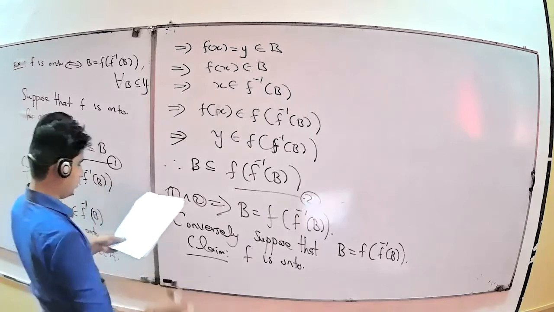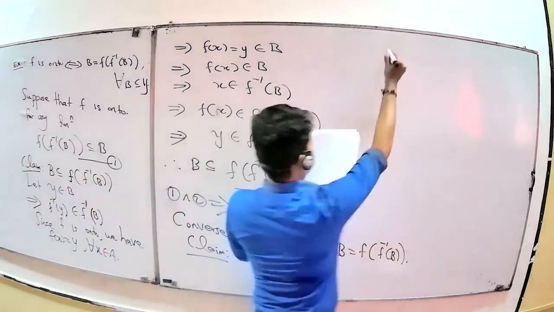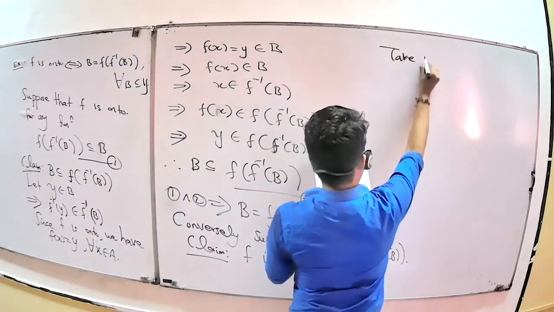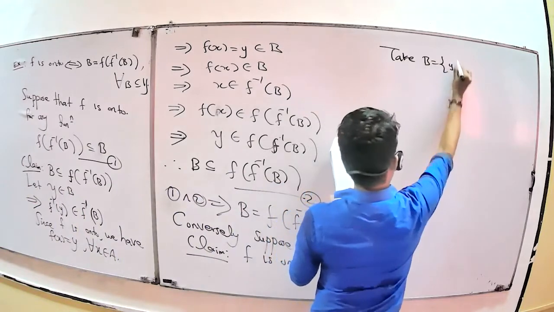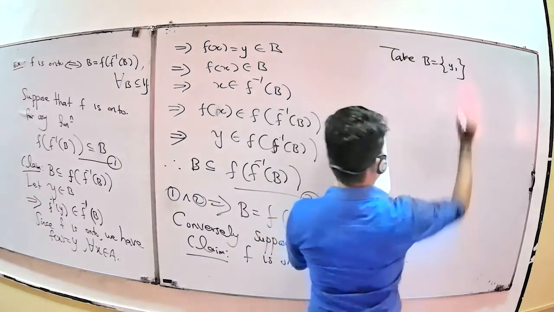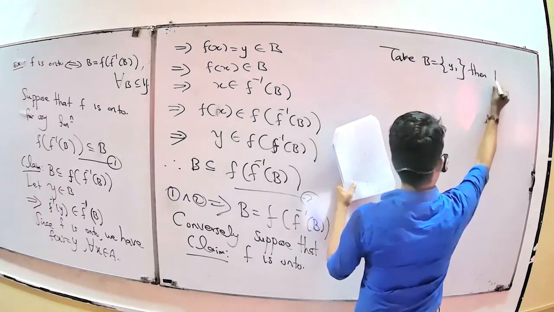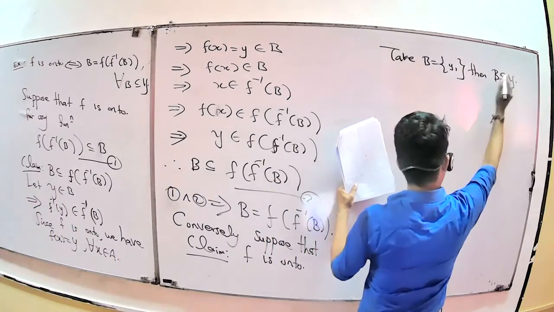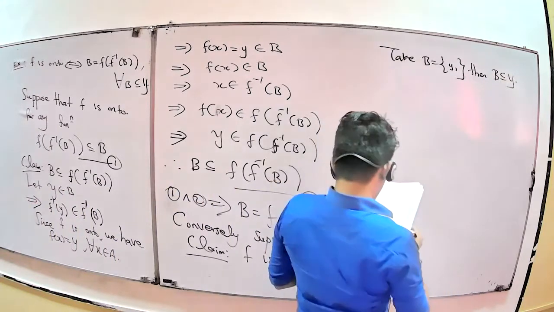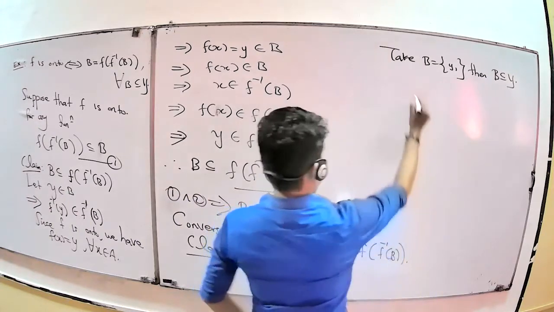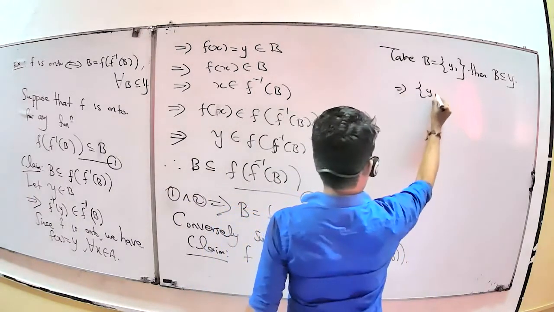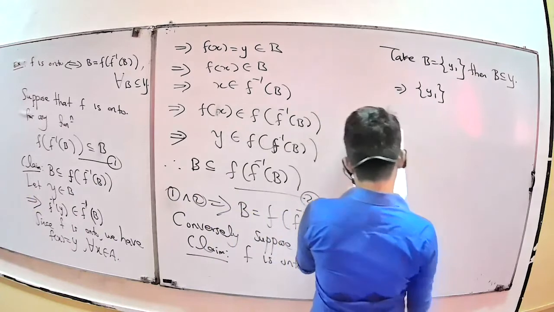You take, right, take a set b consisting of one element y1. Therefore, b subset of y. Then obviously y1 belongs to y. Using the assumption, you have your set is y1. You can write y1 or otherwise y.